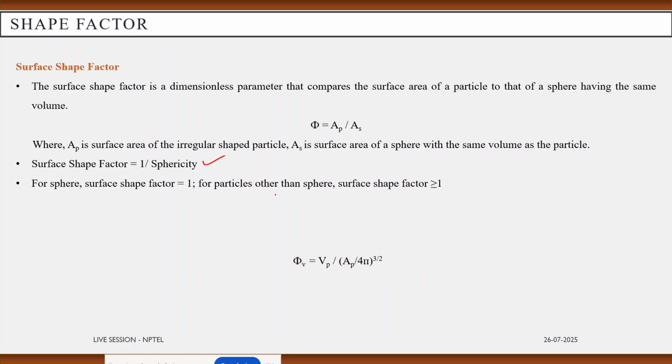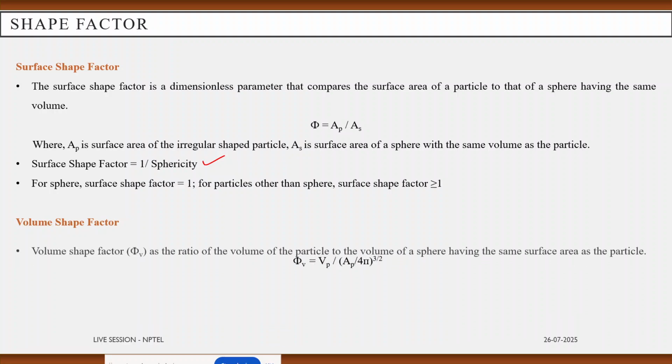And for particles other than sphere shape, the surface shape factor is always greater than 1 because for any irregular shape particle or any shape other than sphere, the sphericity was less than 1. So similarly, the shape factor for those particles will always be greater than or equal to 1.